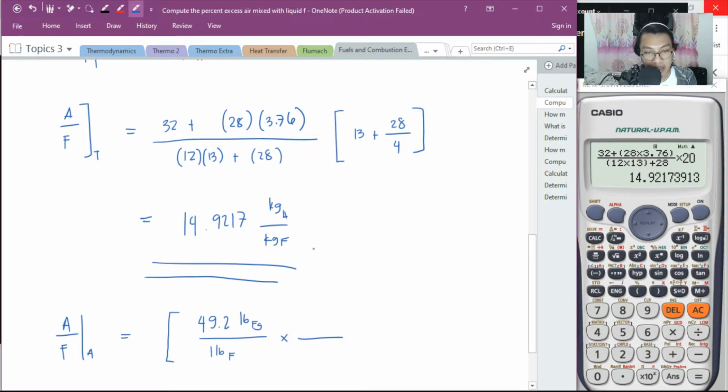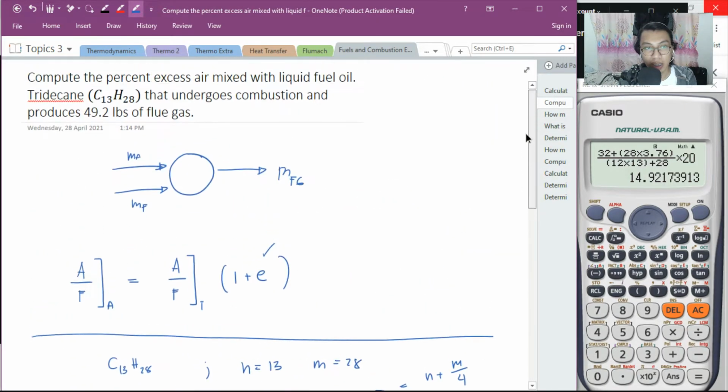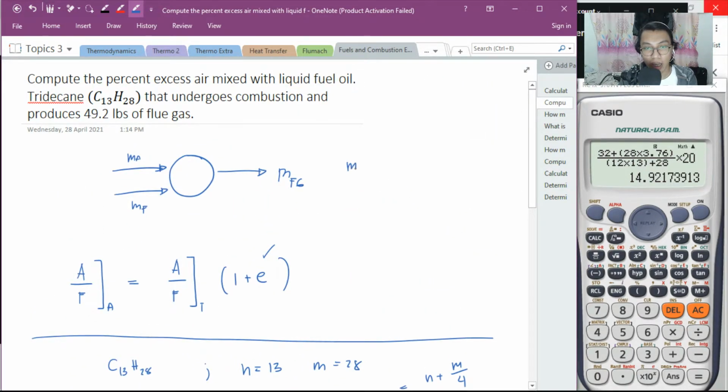Multiply mo ito, kasi naka-kilogram eh. Kailangan naka-kilogram yan. 1 kilogram in every 2.205 pounds. Tapos, minus. Nakalagay dyan, yung MA plus MF equal to MFG.